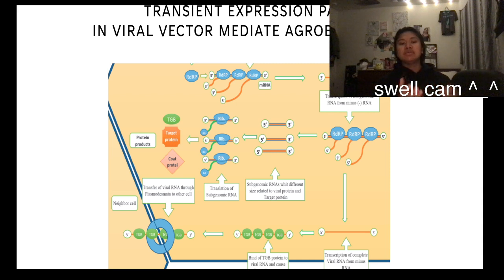And that TGB will move to the next cell to incorporate your viral RNA into the next cell's cytoplasm to continue this transient expression and repeat the loop. So basically, it's encoding for copies to make more proteins as well as more code to make the code that makes the proteins that makes the code, if you pick up what I'm trying to say.